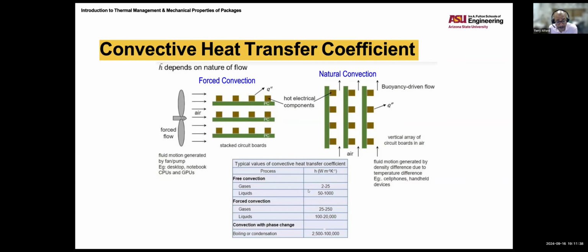Liquids are pretty good, much better than stagnant gas. But if we look at forced convection, gases improve substantially. You're talking about a factor of 10 improvement. And then liquids can go even greater.